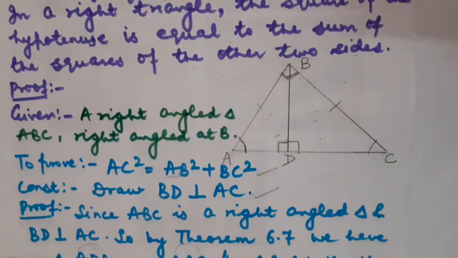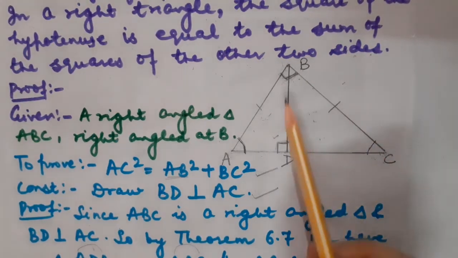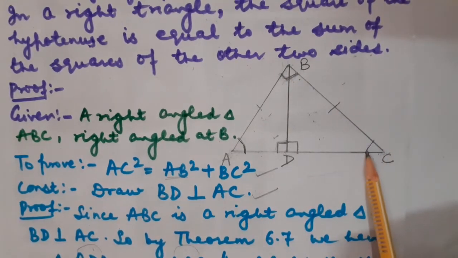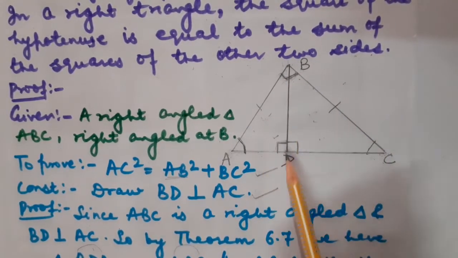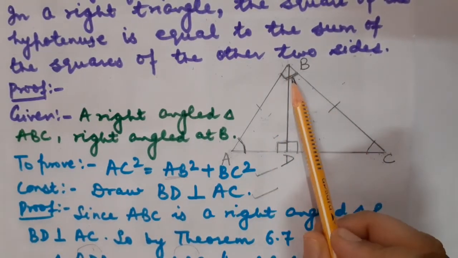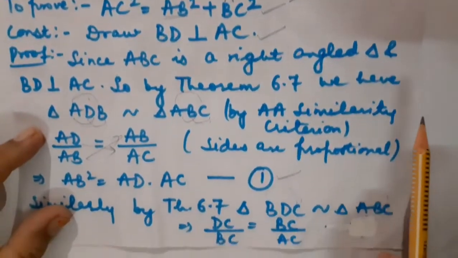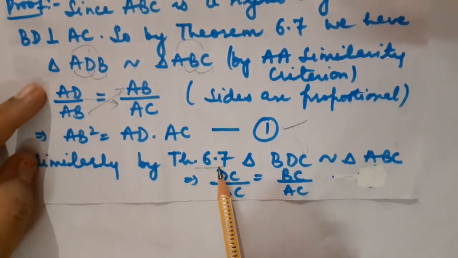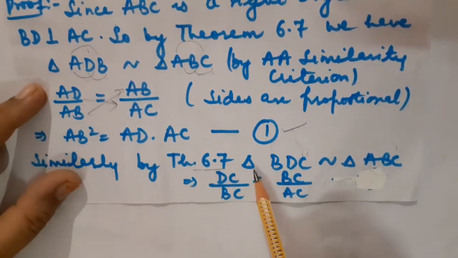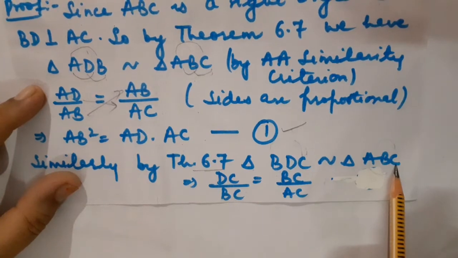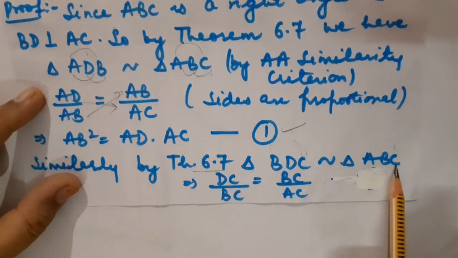Now children, in the same manner we have to prove that triangle BDC is similar to triangle ABC. Same strategy. Angle C is common. Angle BDC is of 90 degree and angle ABC is also of 90 degree. Fine. So now by AA similarity criteria or while applying theorem 6.7, I can say that triangle BDC is similar to triangle ABC. So their corresponding sides ratio must be same.